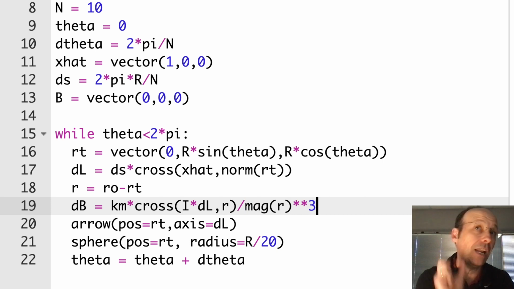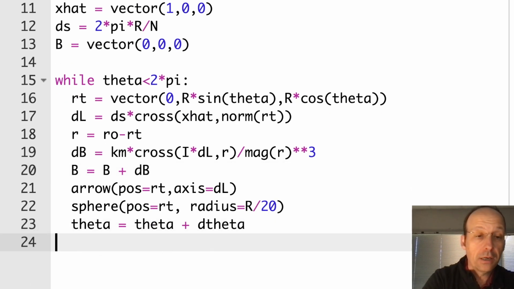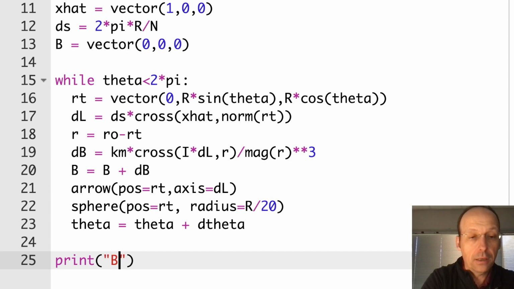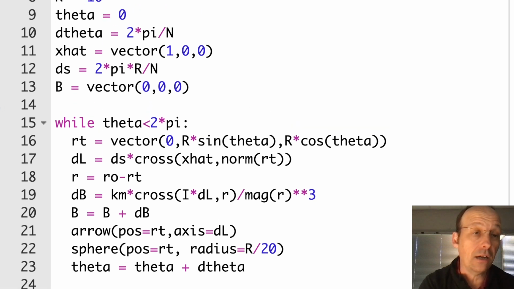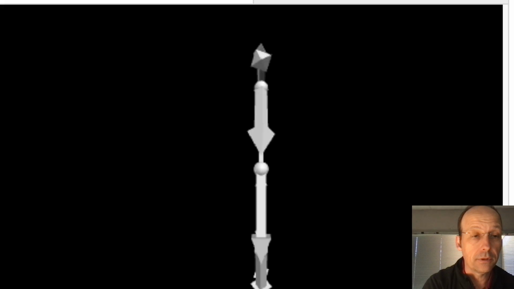That's it. That's the magnetic field due to each one of those little pieces. Now I can just add it to the total. B equals B plus dB, and I'm done. So down here, let's print B equals B, and the units are Tesla. And let's see if this runs, and then we can calculate the theoretical version and see how that compares.